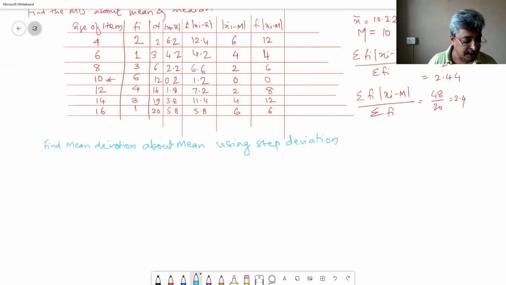Okay, I will explain what step deviation is. Class intervals: 2 to 6, 6 to 10, 10 to 14, 14 to 18, and frequencies 6, 8, 4, 2.